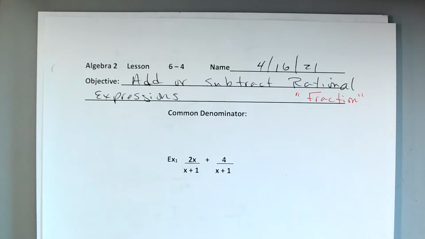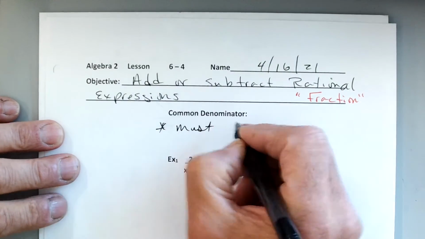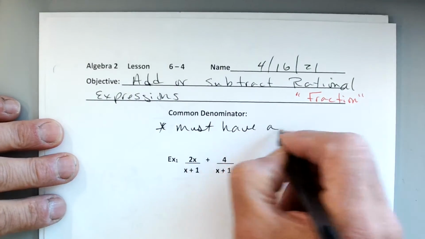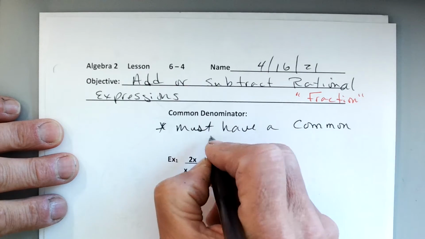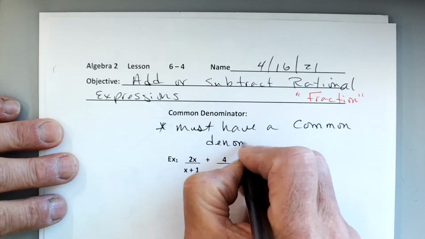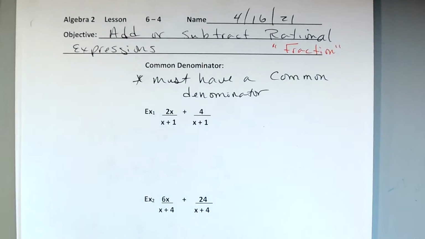Okay, so what do we do? Well, we're going to just add, just like our warm-up. So we must have a common denominator. And we do. In example 1, we have a common denominator. It is the x plus 1.